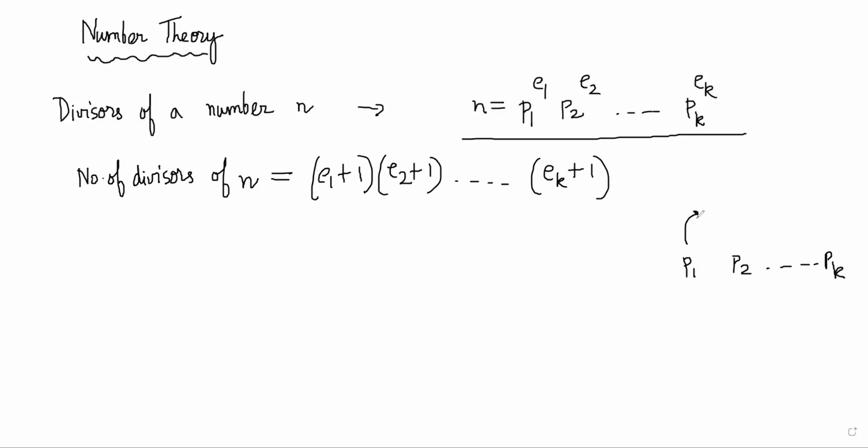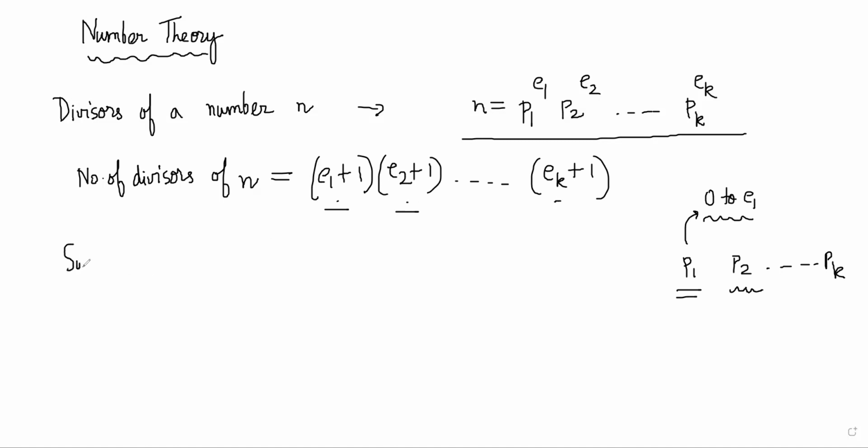And the powers can be anything from 0 to e1, right? So there are e1 plus 1 choices for powers of p1, and similarly, e2 plus 1 choices for powers of p2. So therefore, the number of ways in which you could construct a divisor would be, by the multiplication rule, the product of these many choices, right?